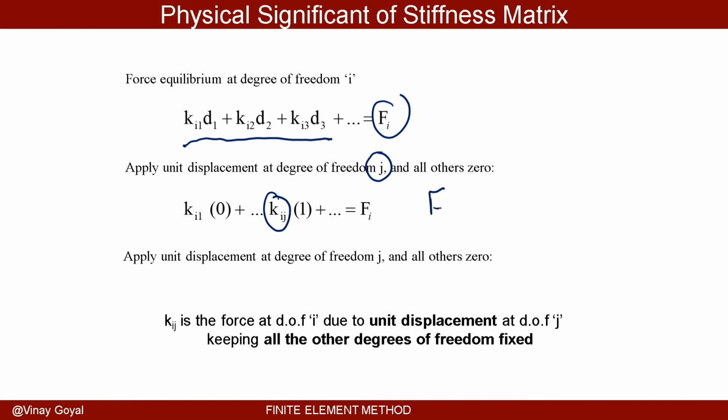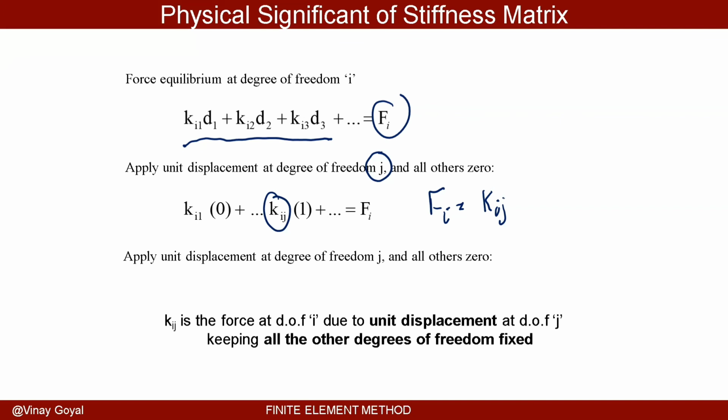And notice that Fi equals Kij in this example. If you apply a unit deflection at degree of freedom J and all other 0, the force in degree of freedom I is going to be equal to the stiffness that corresponds at the location Kij. So Kij is really the force.